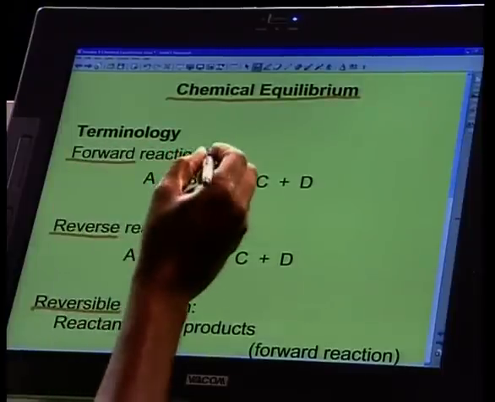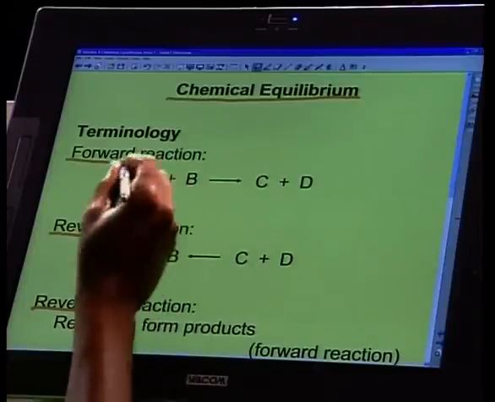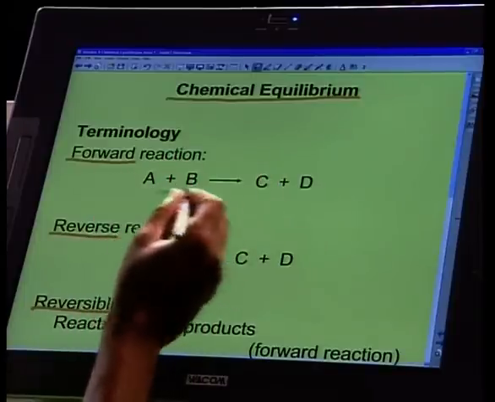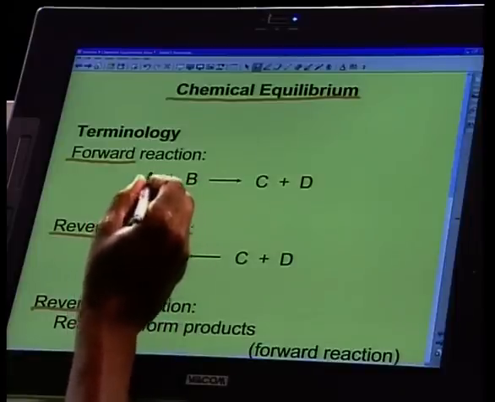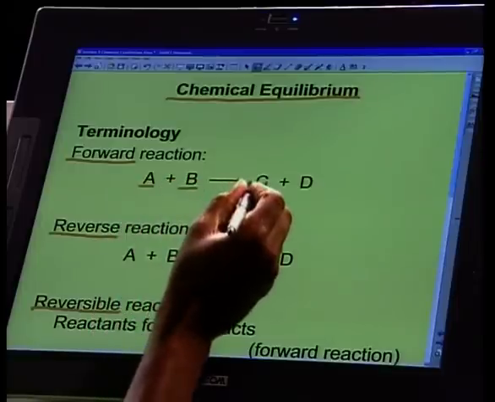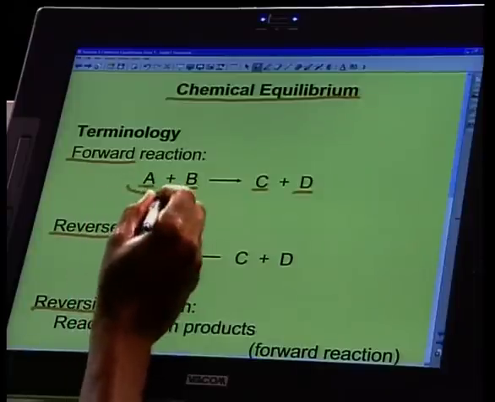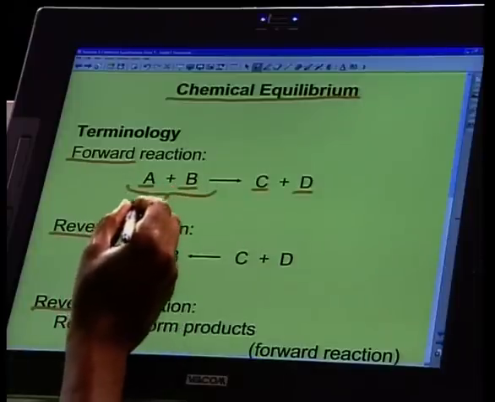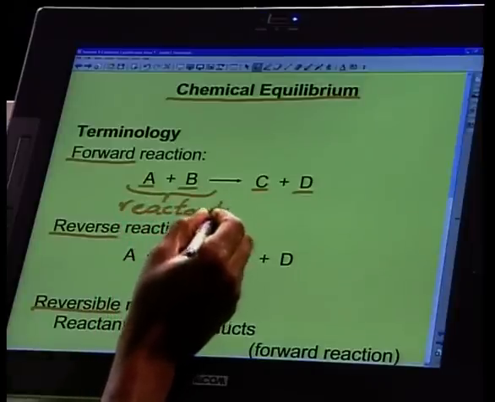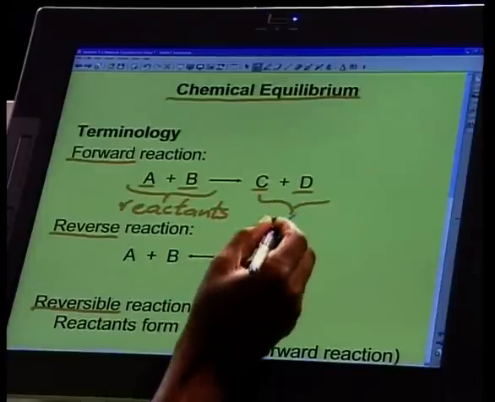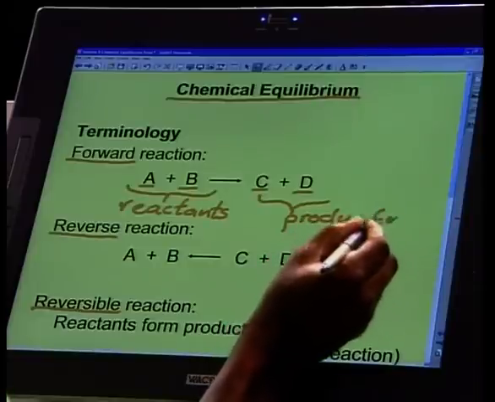When we say forward reaction, remember that when we did chemical change and rates of reaction, if we've got A and B reacting, say the product is C and D, we were saying that these are our reactants. I think you will remember that. And then we said that these are our products.